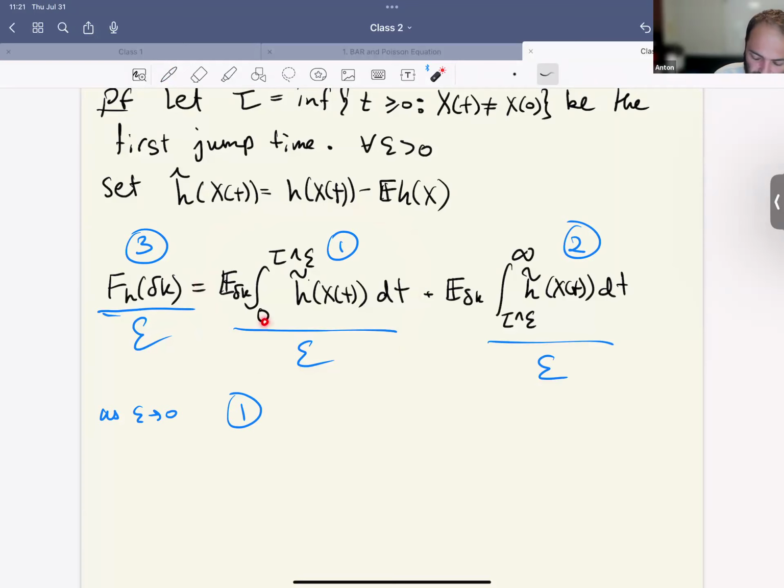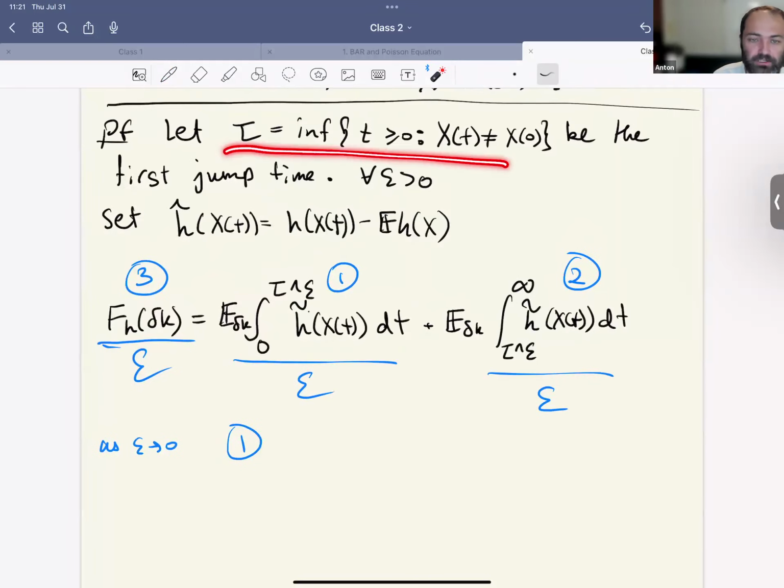This is basically an integral from 0 to epsilon. So tau is the first jump time of the Markov chain. This is like an order 1 quantity. When epsilon is small, tau minimum epsilon is basically epsilon. We can formalize this and make it rigorous, but it's basically epsilon.